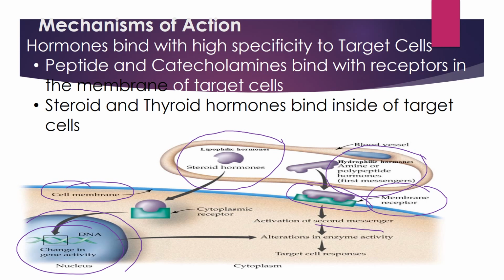And so this second messenger system then will continue and generate a response and then have changes like within enzyme activity and then have a cellular response for that cell, but this is occurring within that cytoplasm.